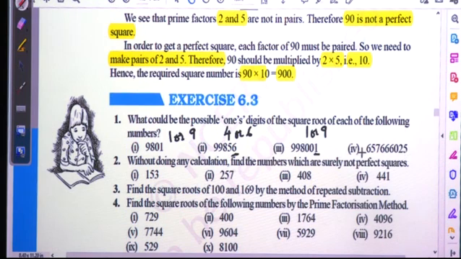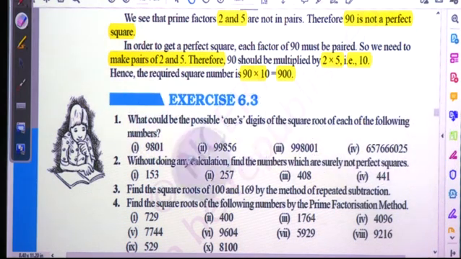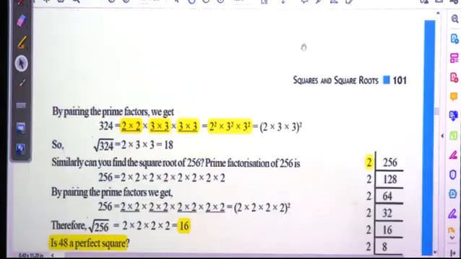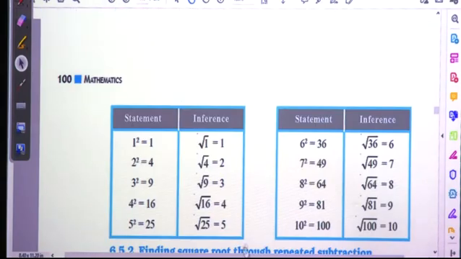Now, in this value 5 is in ones place. What is the possibility of getting 5 in ones place? Let us refer to the same table that we had seen just now. Here you can see 5 square is 25, or the square root of 25 is 5, so 5 is in ones place.